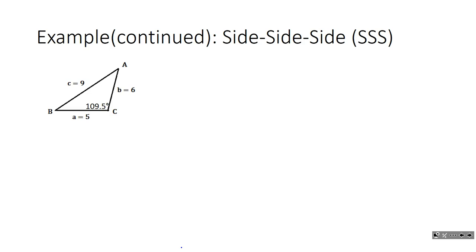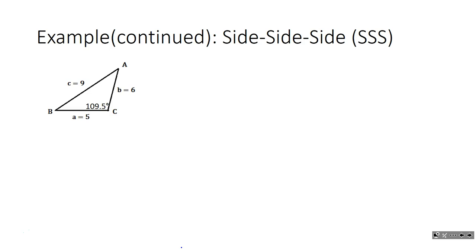Okay, I filled in what we just solved on the last slide, and now we need to find either angle A or angle B. Well, once you've used your law of cosines the first step, it will not matter which of the other ones you find next.